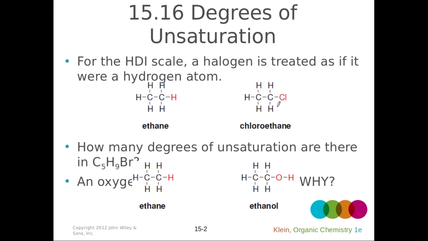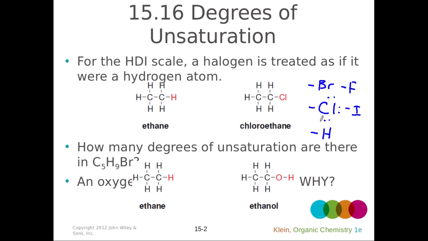So how do other types of atoms that we have in the molecule potentially affect the degrees of unsaturation? Here we have a chlorine, so we have a halogen, and remember the bonding pattern for a halogen is just 1 bond and 3 lone pairs. So let's compare that to the bonding pattern for hydrogen.